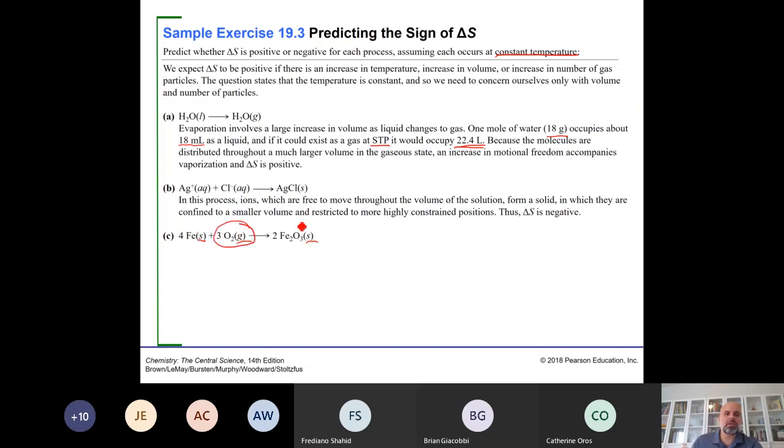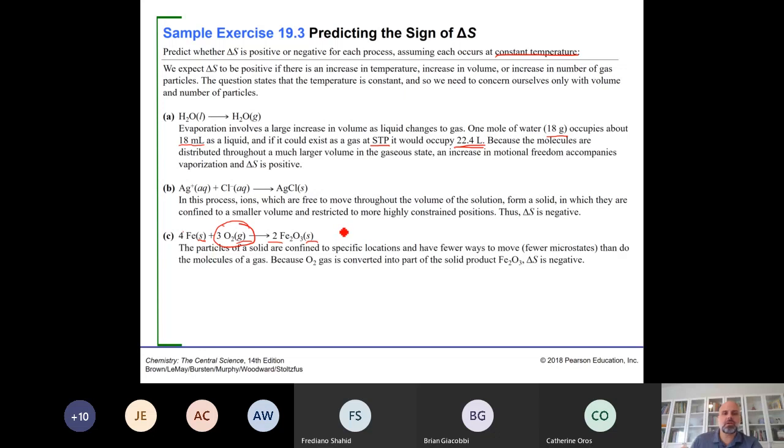There's lots of movement that occurs here, and we're going obviously from 7 different molecules or atoms to 2. Tremendous decrease in the amount of entropy. The particles of the solid are confined to specific locations and have fewer ways to move, or fewer microstates, than do molecules of the gas, because the oxygen gas is converted into part of the solid product, the iron oxide, so the delta S is going to be negative here again.